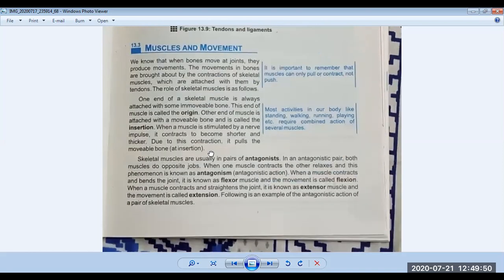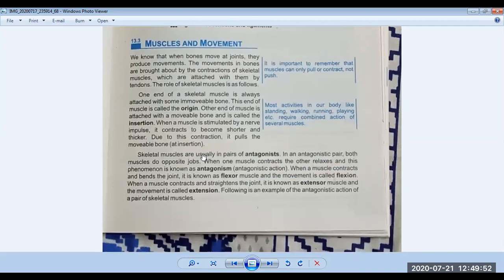Now come to the next part. Skeletal muscles are usually in pairs of antagonists. The points we have discussed in this paragraph are about how skeletal muscles are involved in the movement of the skeleton. Now we will discuss the next point.